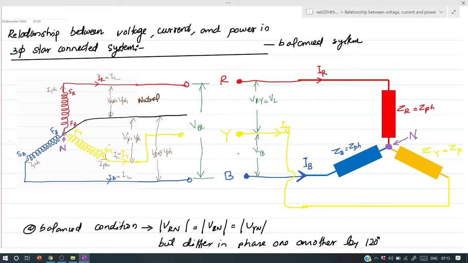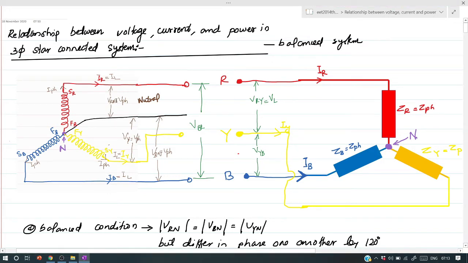For example, when we take VRY as reference, say it is VL angle 0, then VYB is VL angle minus 120 degrees and VBR is VL angle minus 240 degrees or VL angle plus 120 degrees.